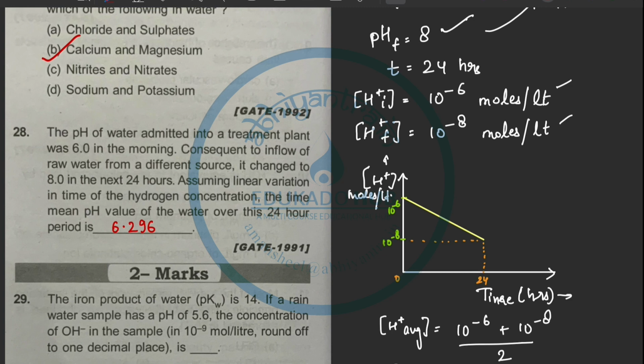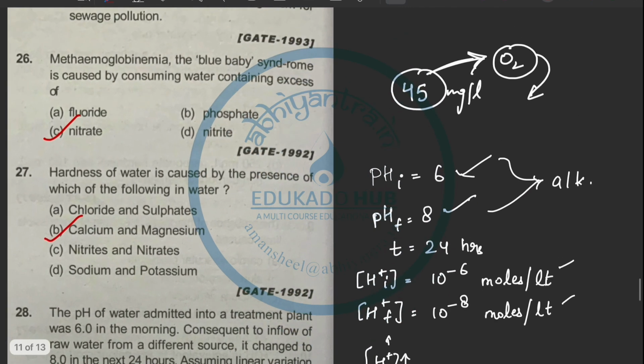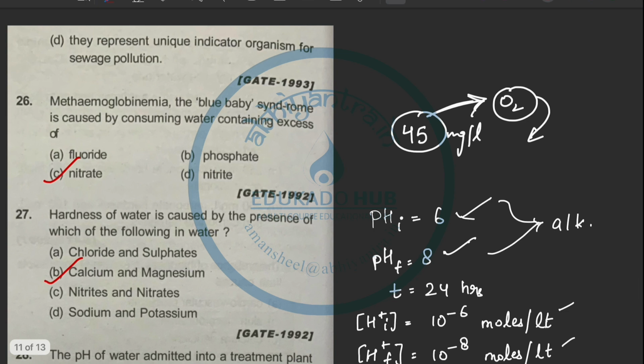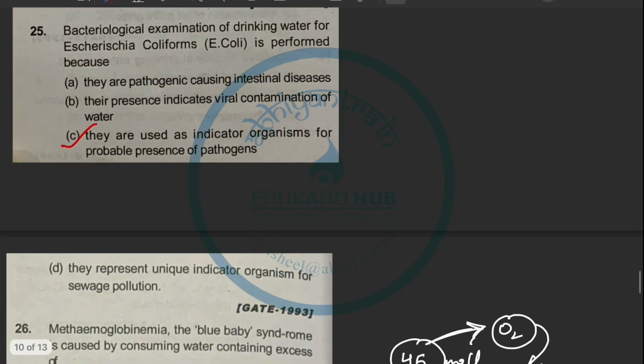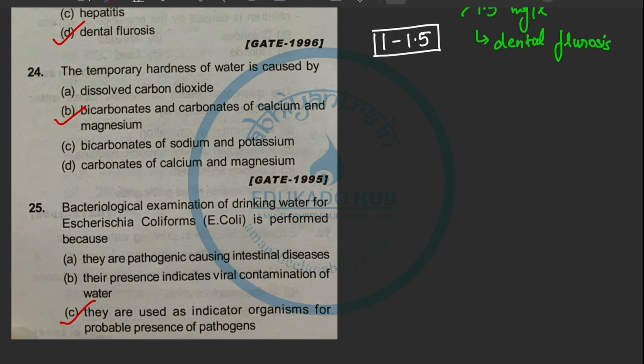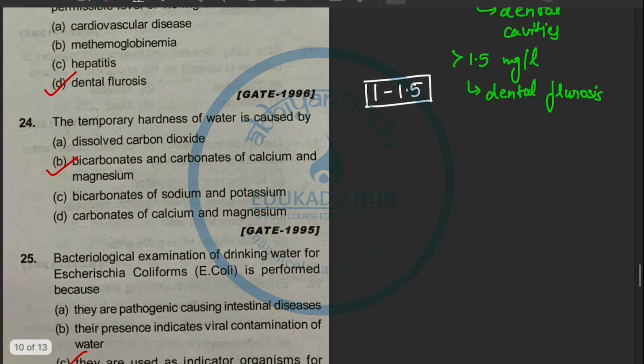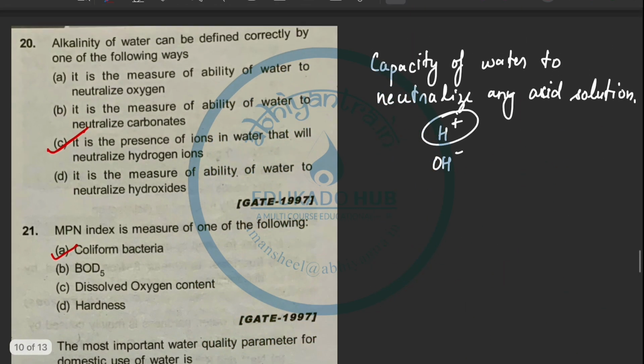It is all previous year 1 mark questions, and we can see by the analysis the quality parameters which are most important are fluorides, hardness, alkalinity, non-carbonate and carbonate hardness, nitrates, and how the hardness is created, temporary and permanent. Most important is MPN. What is MPN, what is E. coli?